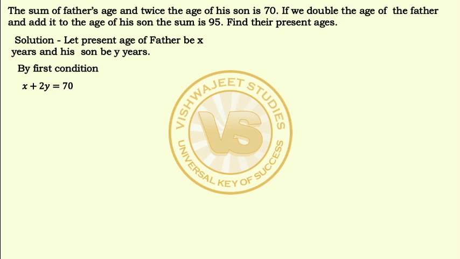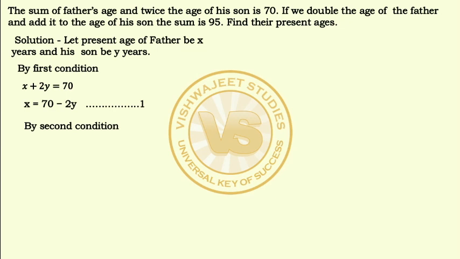Twice the age of the son means 2y. By taking the sum, we get the equation x plus 2y is equal to 70. We are using the substitution method here. So, converting the given equation, we get x is equal to 70 minus 2y. This is our equation number 1.